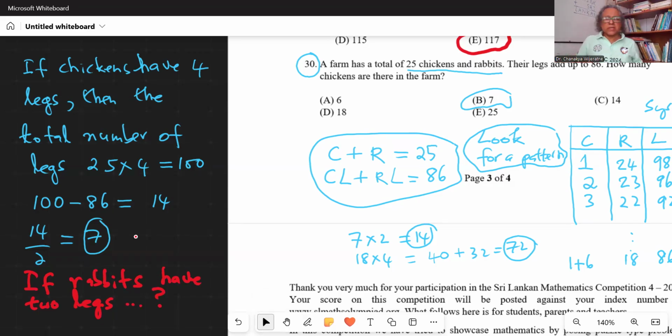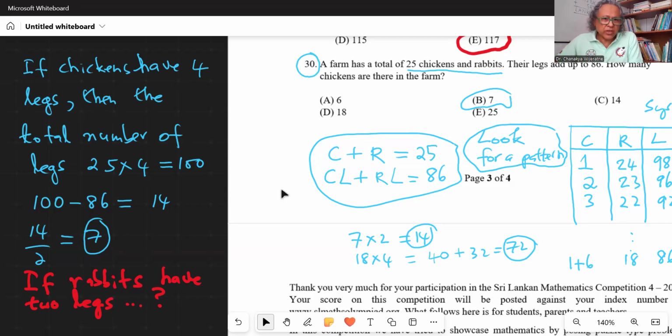Can you solve the problem by thinking that rabbits have 2 legs? So we don't give extra legs. We take away 2 legs from each rabbit. This is not physically, but in our imagination. We should be able to imagine things.